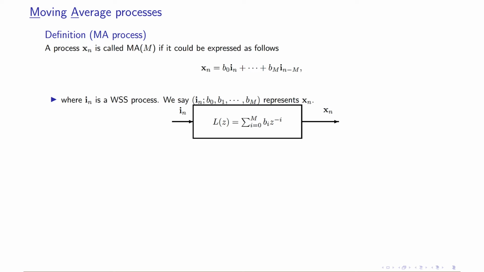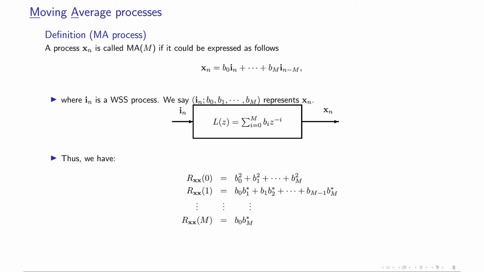The Z transform of the tap delay line filter, the FIR filter, is given by this expression, and you can see that the power spectral density in the Z domain, S_XX(z), is equal to L(z) times L conjugate of (1/z conjugate), or L(z^-1), provided that all B_i's are real, because R_II(m) is equal to delta(m), and S_II(z) is equal to 1.